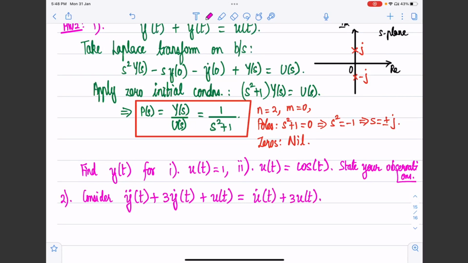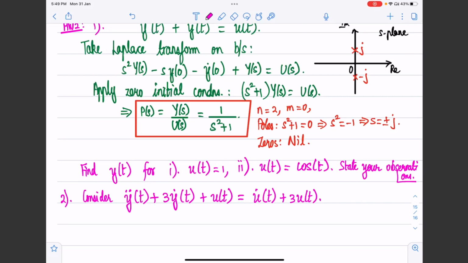We have already considered a system whose governing equation is y double dot t plus 3y dot t plus 2y of t equal to u of t, where the right hand side was just u of t. Now I have modified the right hand side. When you take the Laplace transform, you will observe a 0 coming into the picture, so please calculate that very carefully.